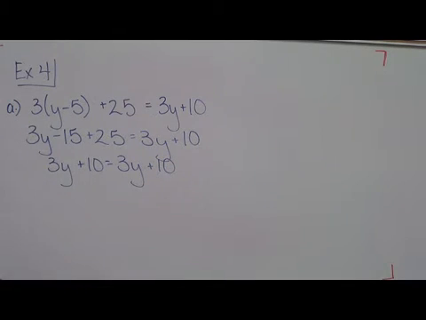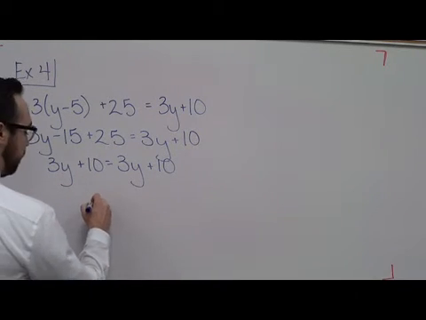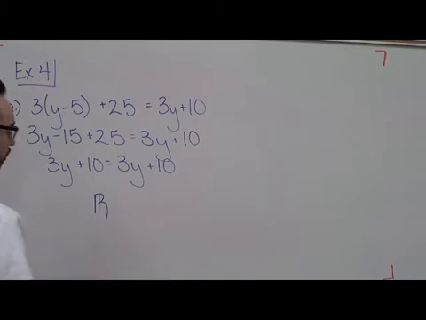And notice that we have the exact same thing on both sides. So whatever I would put in for y is going to give me the same number on both sides of the equation. So it doesn't matter what I would put, so we can say that this is going to be all real numbers. Because it doesn't matter what we put in there, both sides are always going to be equal.